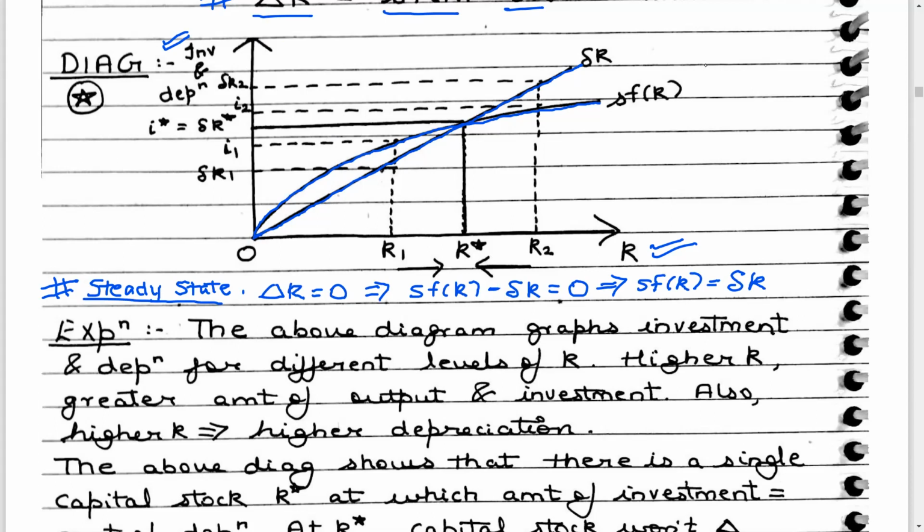And where does it happen? In the diagram, it happens at the level of capital stock per worker K star. You can see guys, at K star, investment is equal to depreciation. So this is called the steady state.